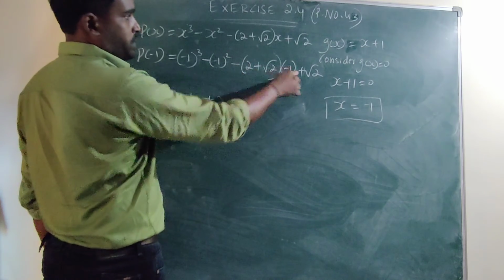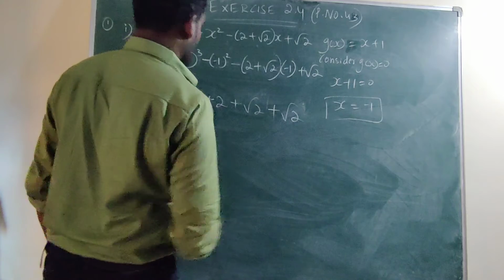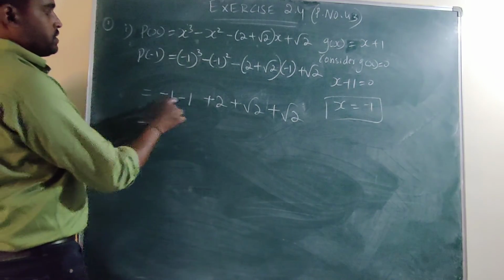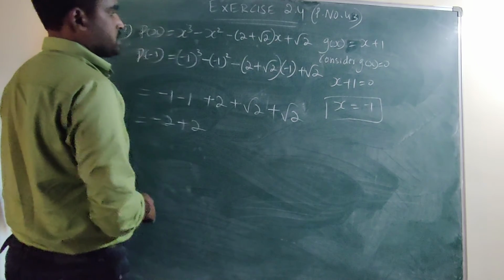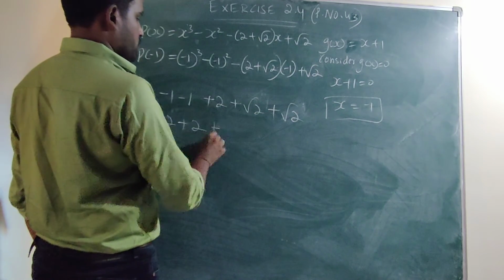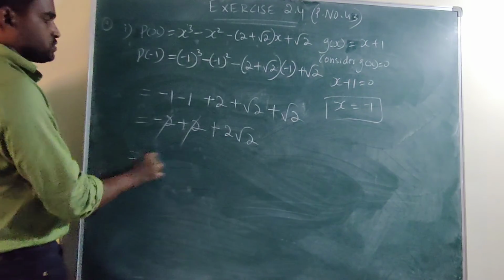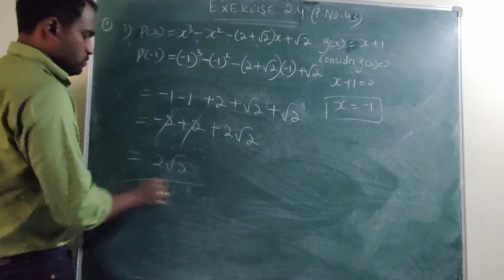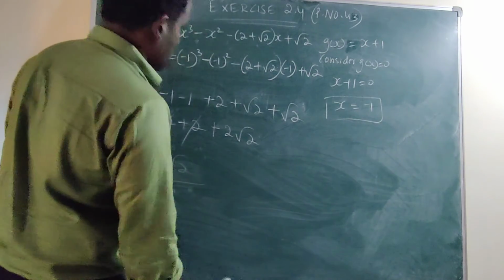Minus into plus minus, minus into minus plus root 2, plus root 2. Then here minus 2 plus 2. Next minus root 2 minus root 2 means minus 2 root 2. Here plus 2 minus 2 cancels. Answer 2 root 2, p of minus 1.